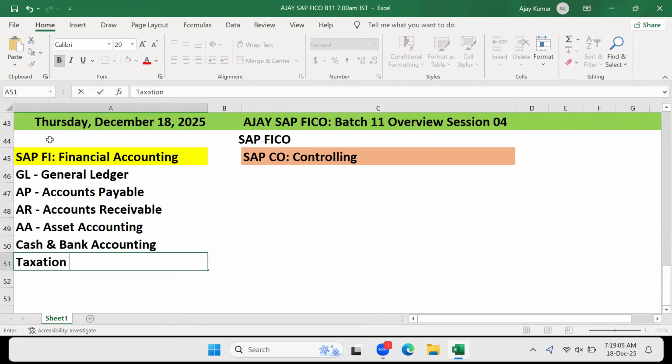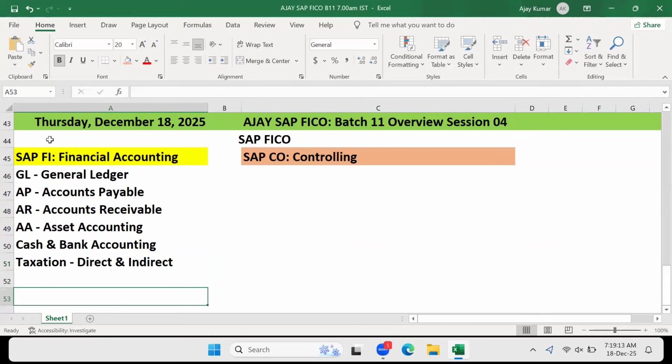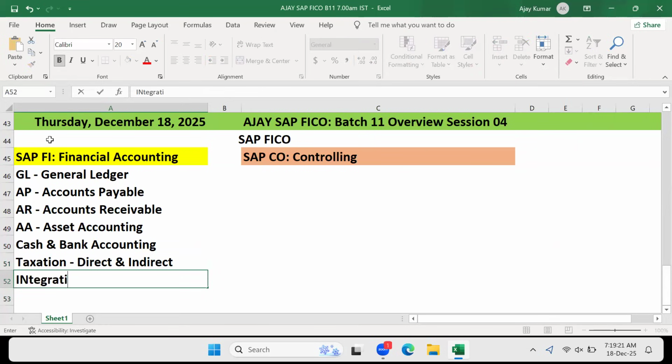Taxation will be there. In taxation, you have both direct and indirect taxation. Plus, you will be having integration with MM and SD.